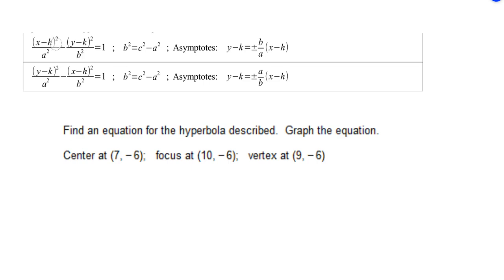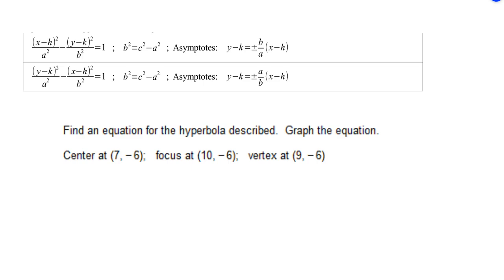So the h and k stand for the center of the hyperbola. Then we have a, which is the distance between the center and the vertex. b helps define the slope of the lines that are the asymptotes. And c is the value which is the distance from the center to the focus.